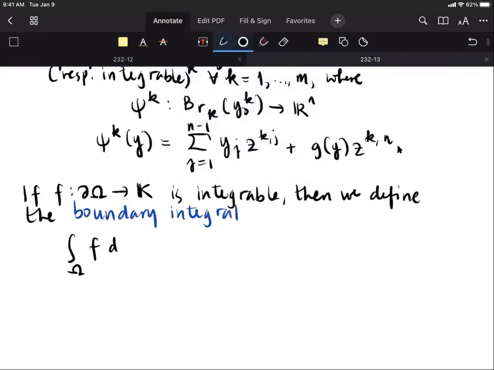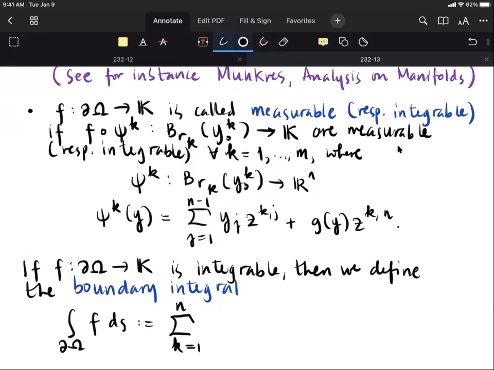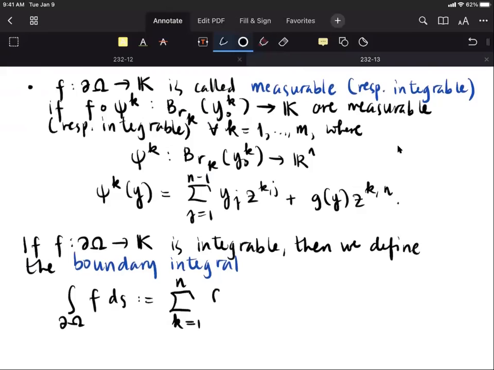The integral on the boundary of f ds. So s here, think of it as a surface. Okay, that is in the case of 3D. But we adapt that for the general case. So what we do is we integrate over Rn minus 1.